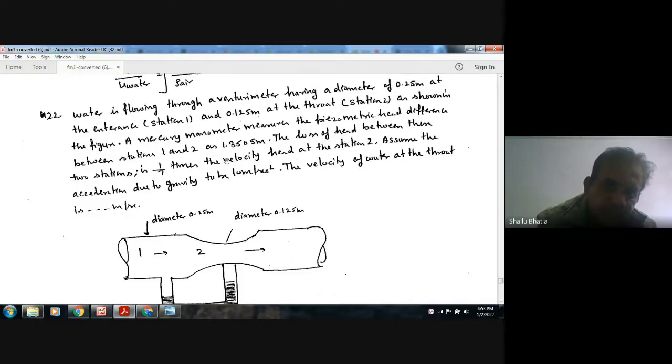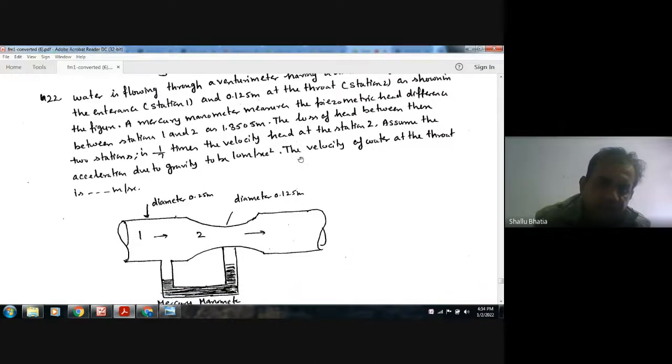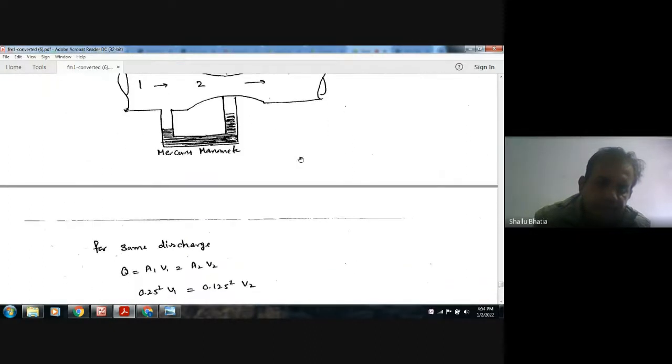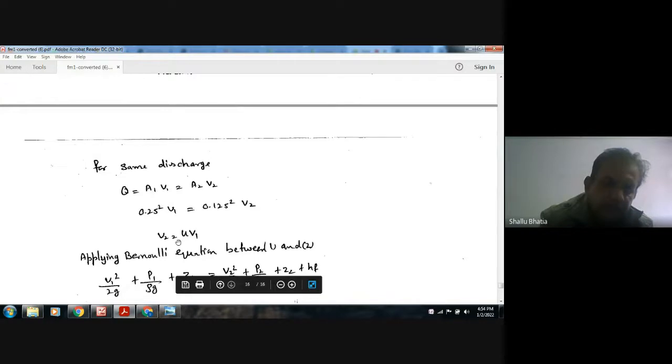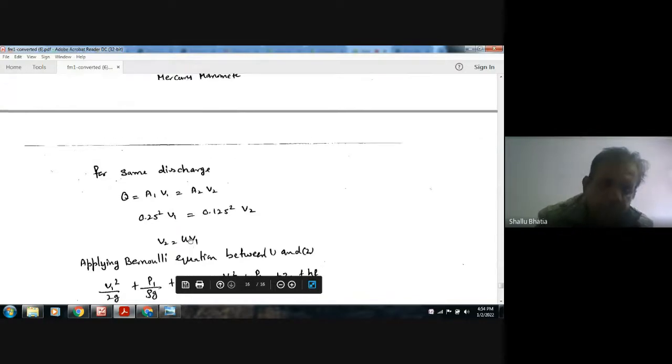The loss of head between the two sections is 1/7 of the velocity head. For the same discharge at 1 and 2, we have the equation A1 V1 is equal to A2 V2. So 0.25 squared V1 and so from this we can have V2 is equal to 4 V1.